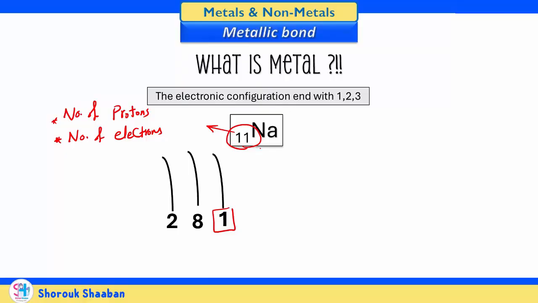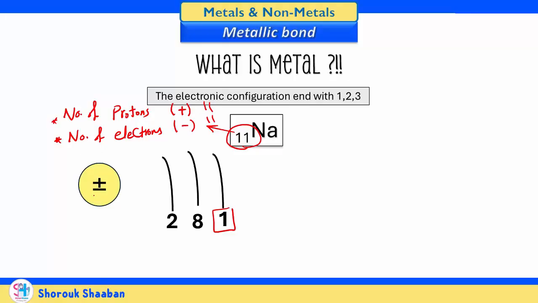So here I have the number of positive charges, because protons are positive, equal to the number of negative charges. So the total atom is now neutrally charged. Do you remember that? Protons positive, electrons negative, and both of them are equal. Both of them are 11. So I have the number of positive equal to the number of negative. So my atom is a neutral atom.